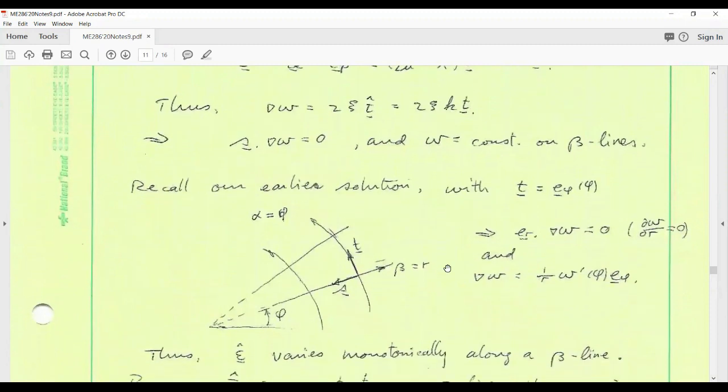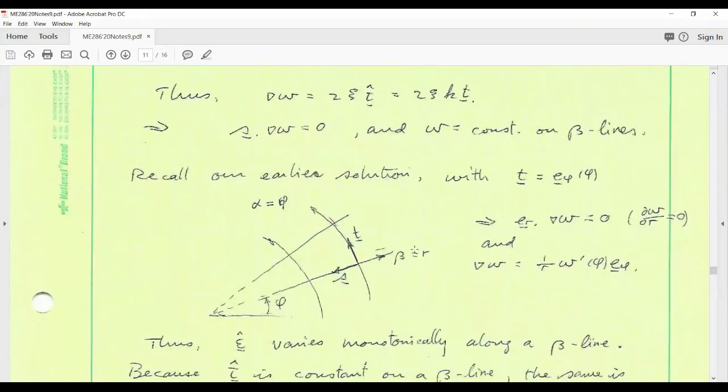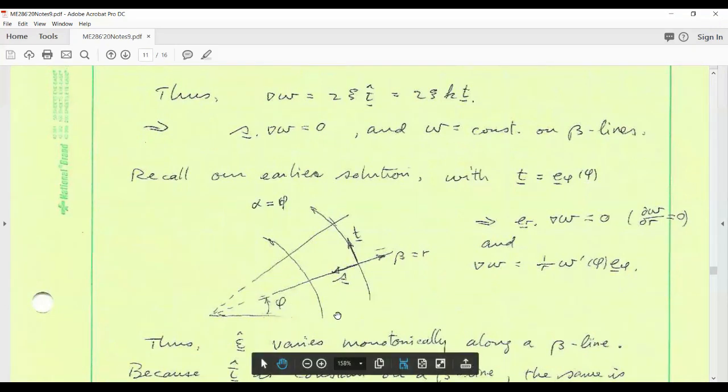Okay, so let's re-examine our earlier explicit solution in which T was purely azimuthal. We had plus or minus here. Let's look at the plus solution. T is e phi, a function only of phi in a polar coordinate system. So here's polar coordinates. Remember, the beta lines were straight.